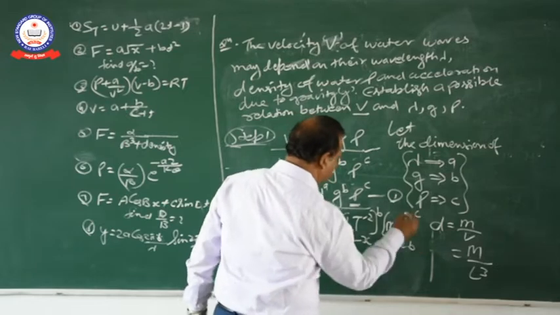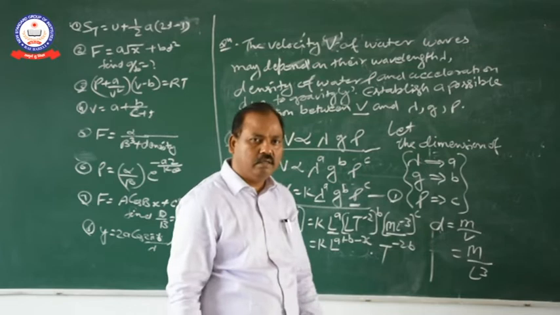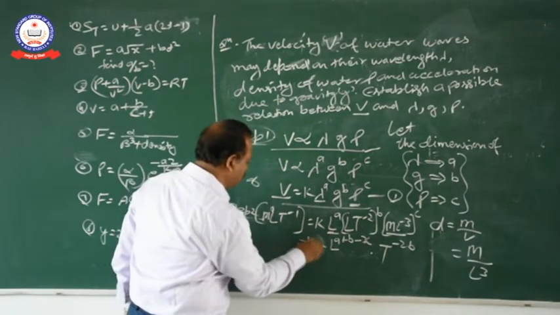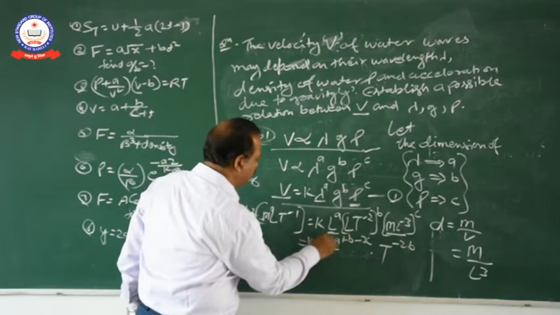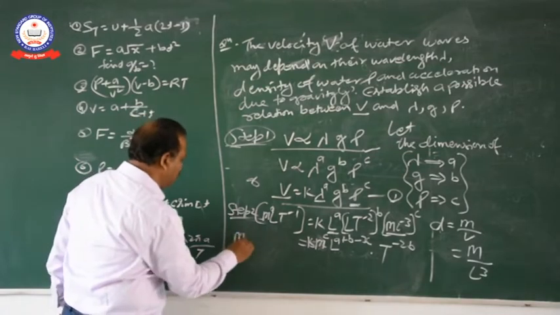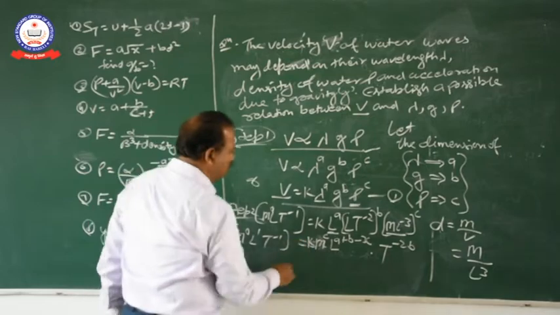And M raised to power C. So K M raised to power C. Is it clear? M raised to power 0, L raised to power 1, T raised to power minus 1.